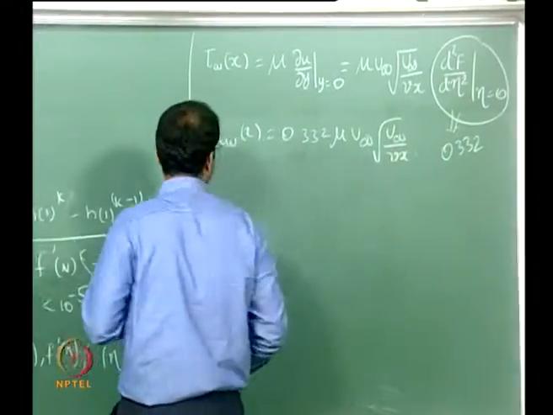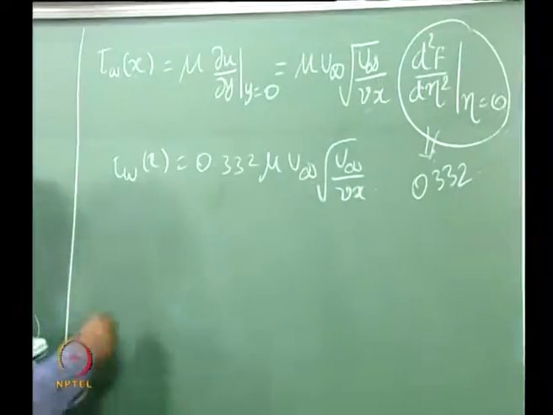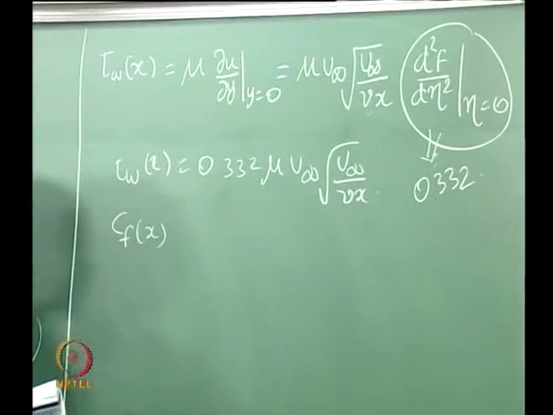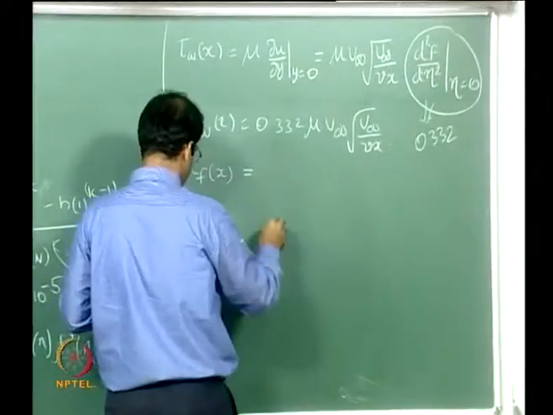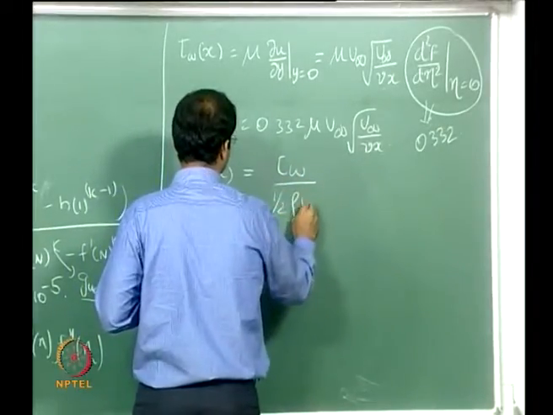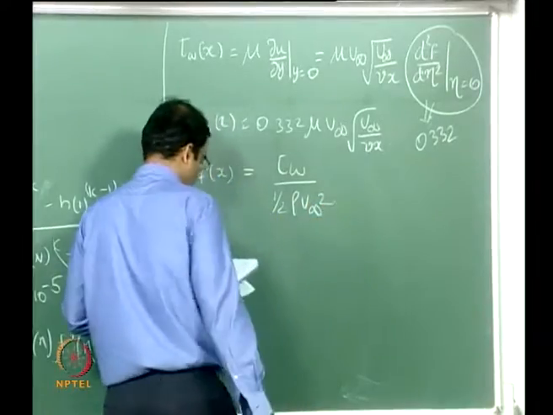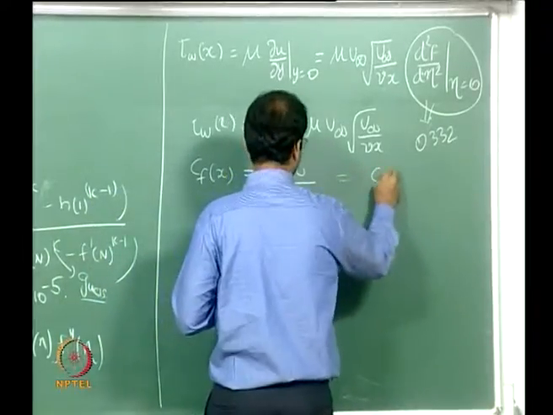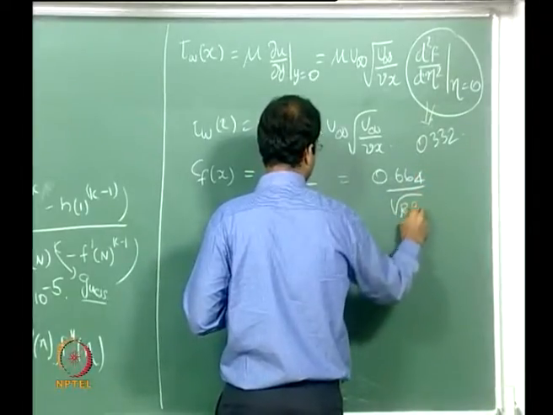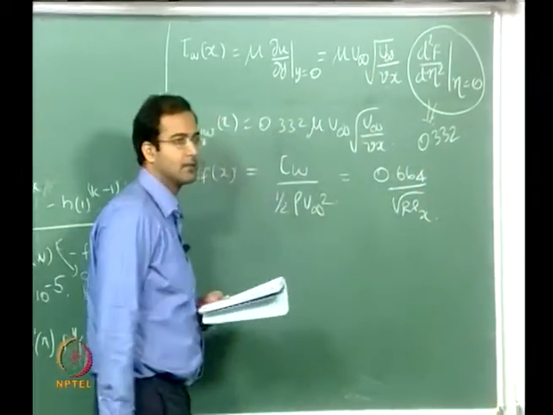From this you can also non-dimensionalize the shear stress through what is called a skin friction coefficient, which can also vary locally. This is written as tau wall by half rho u infinity square. If you plug in all the values, you will end up with a nice expression like this as a function of Reynolds number.